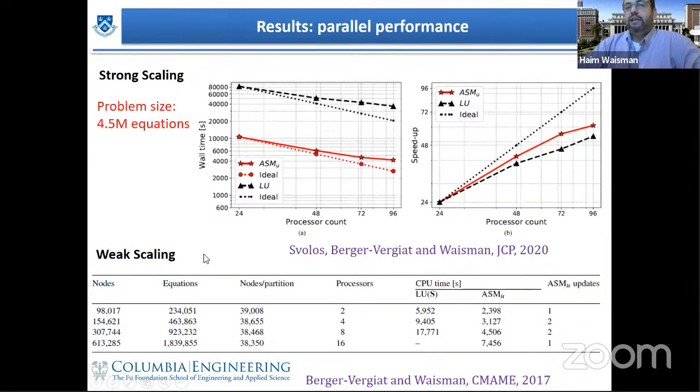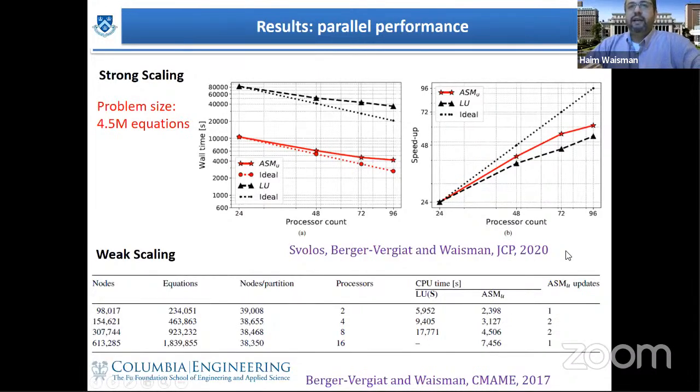Another example here is weak scaling, which also shows that if the amount of work per processor is the same, then the system also scales well.